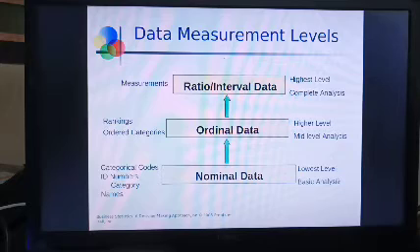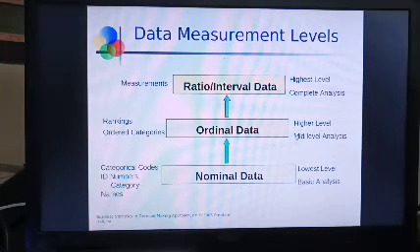Nominal data examples are ID numbers, category names. While ordinal data, or rankings, or ordered categories, provide higher or mid-level analysis, while ratio and interval data or measurements provide the highest level or complete analysis as far as data measurement levels is concerned.